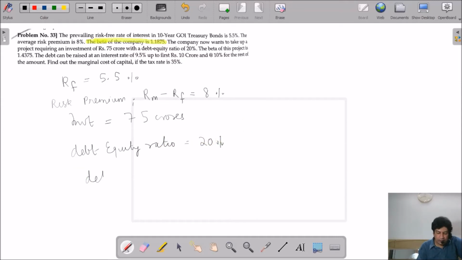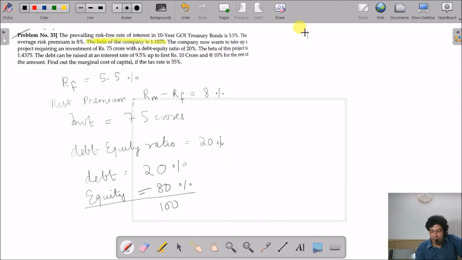What it means is that the debt component is 20 and the equity component is 80 and the total amount is 100. It means the debt is equal to 20% and the equity is equal to 80%. So if a project has an investment of 75 crores and we have a debt of 20%, the remaining portion would be equity, which would be 80%.